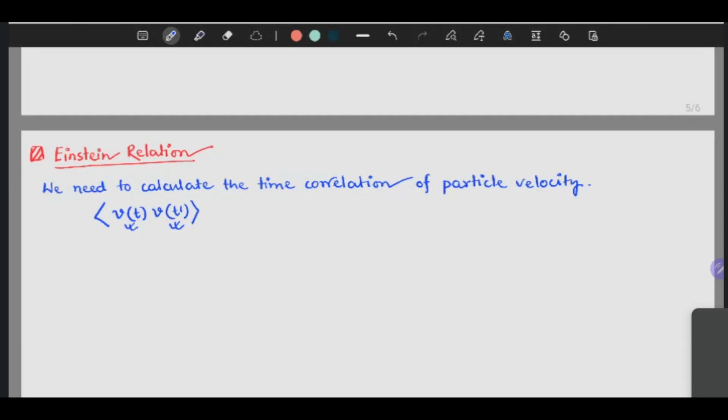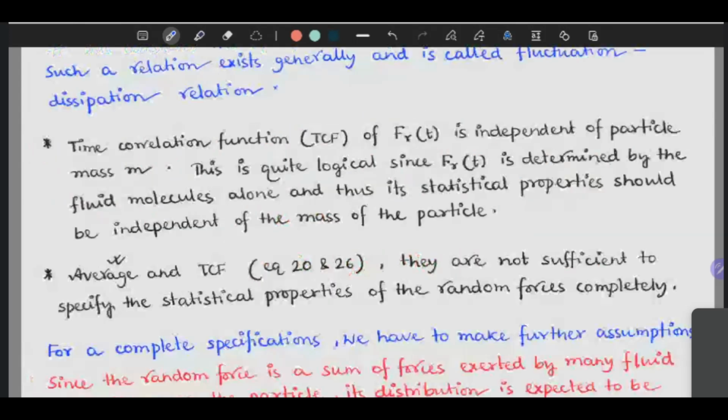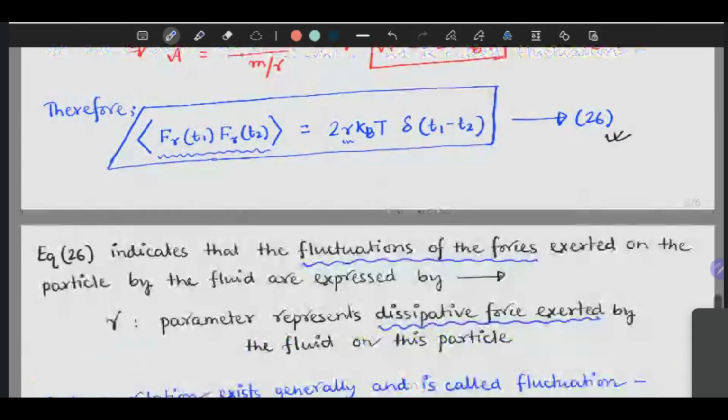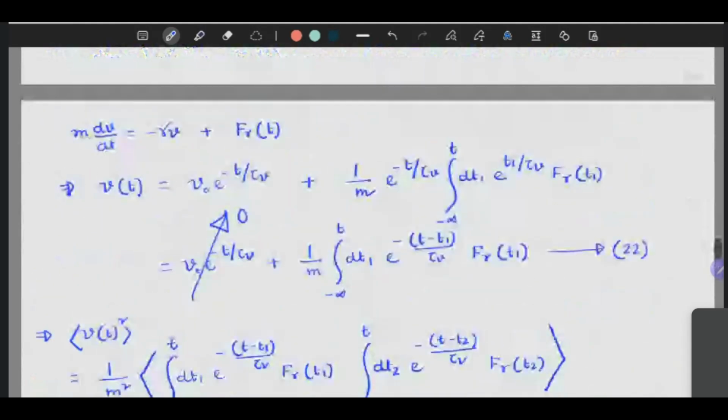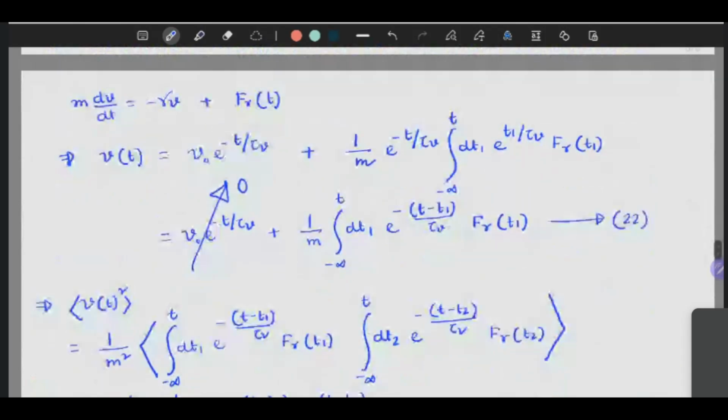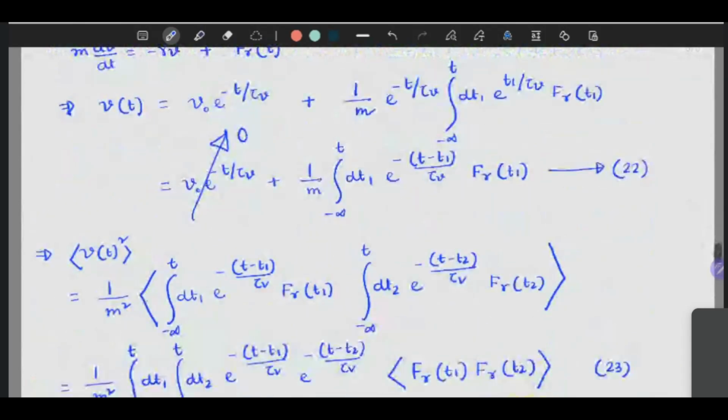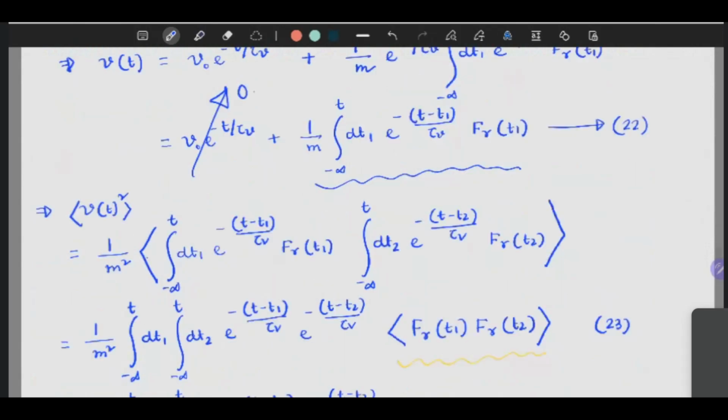Now for that we need to take some help from the previous equations. We will take help from equation number 26 and equation number 22. If you take these two, then V(t) is like this.